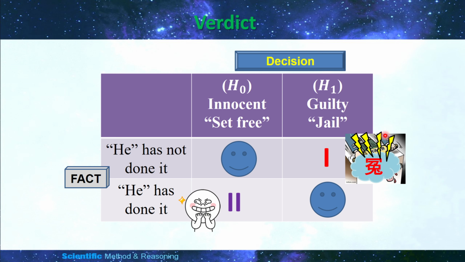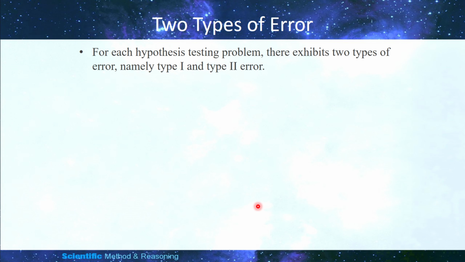Type 1 error means rejecting a true null hypothesis, while type 2 error means accepting a false null hypothesis.